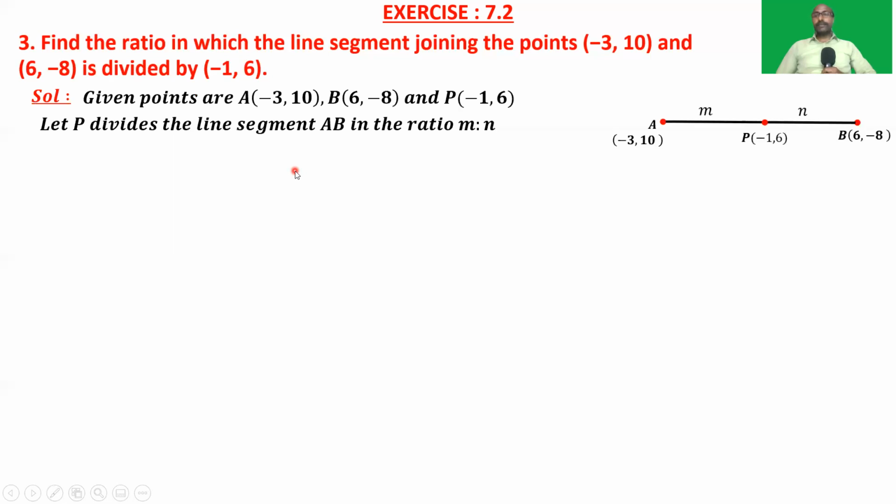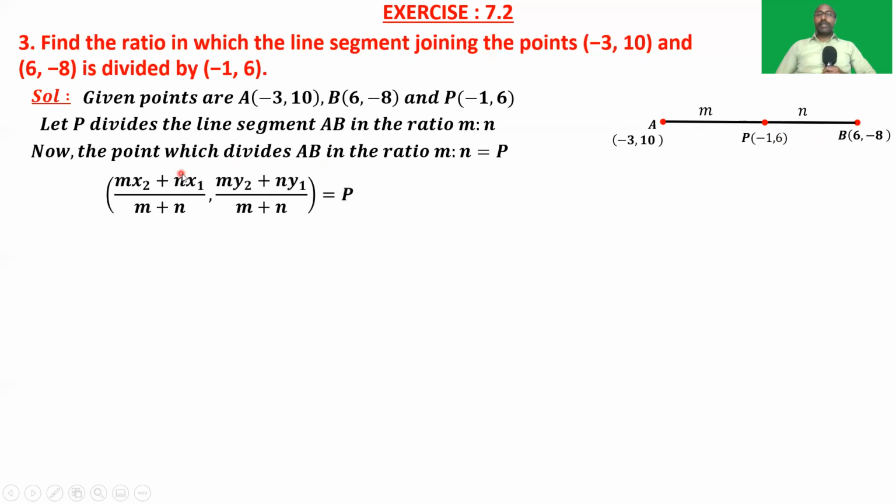So according to the section formula, the point which divides AB in the ratio m is to n is mx2 plus nx1 by m plus n, comma my2 plus ny1 by m plus n, which is P.